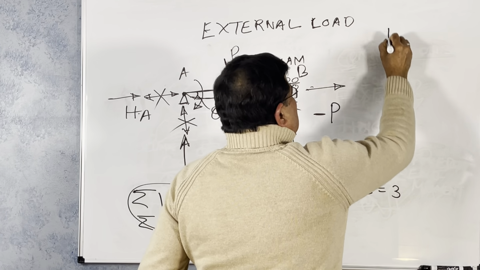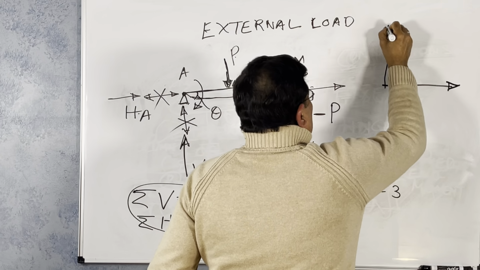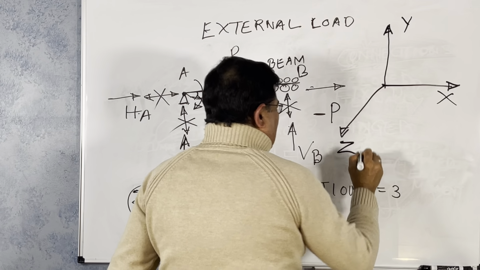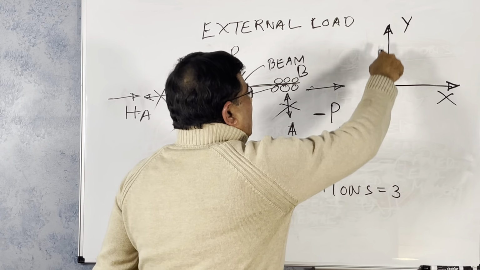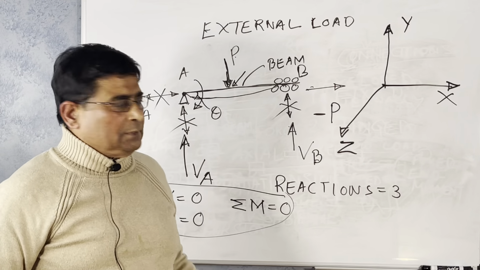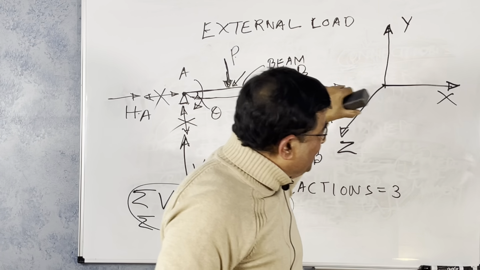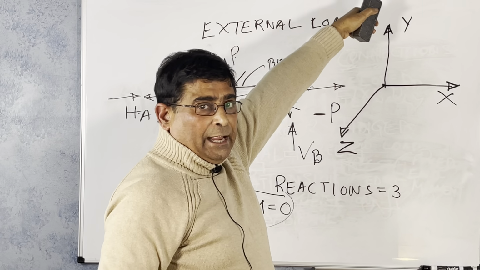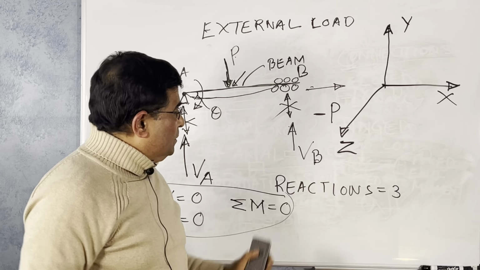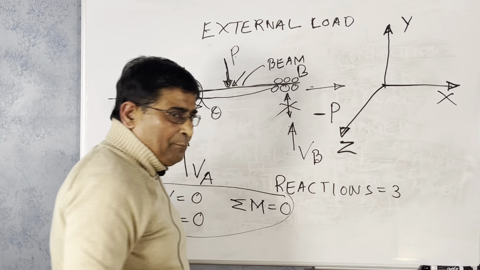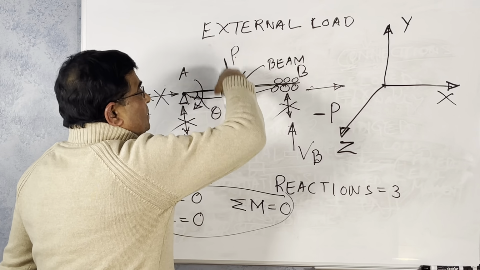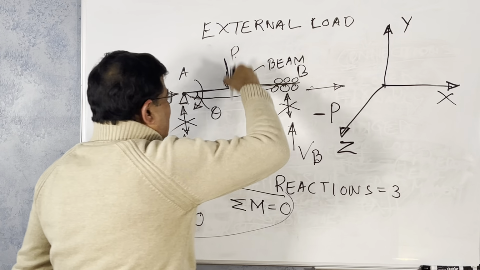Also, I discussed the 3 axes: this is the x-axis, this is the y-axis, this is the z-axis. The arrows mean the positive direction. X is positive this way, Y is positive upward. Anything going up is positive. So this force acts along the y-axis, but downwards, so it is negative.